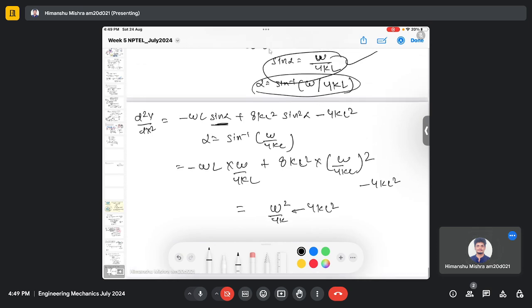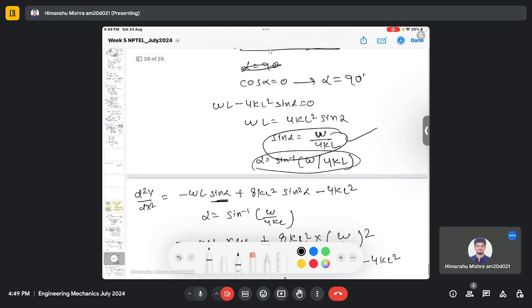So when W is greater than 4KL, we will have a positive quantity and the system is stable, right? And we have been given the equilibrium angle, which is sine inverse W by 4KL.